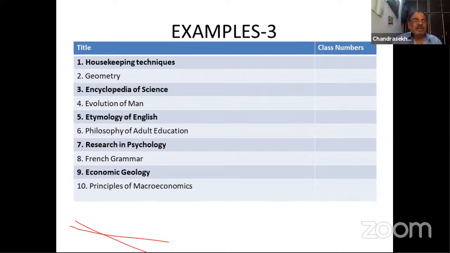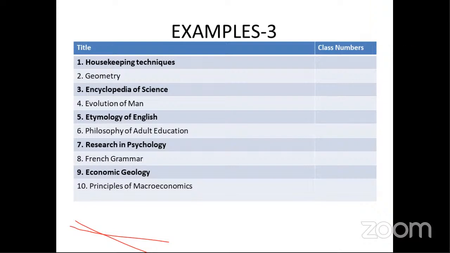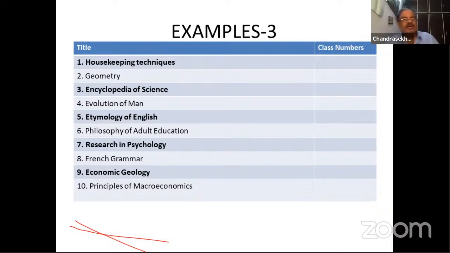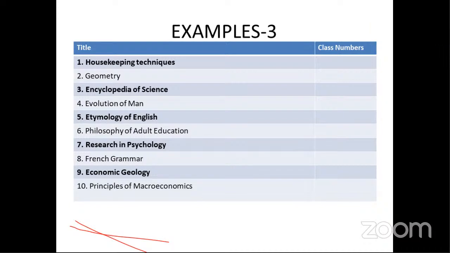Then Encyclopedia of Science. What is the number for science? 500. So encyclopedia number is 03.